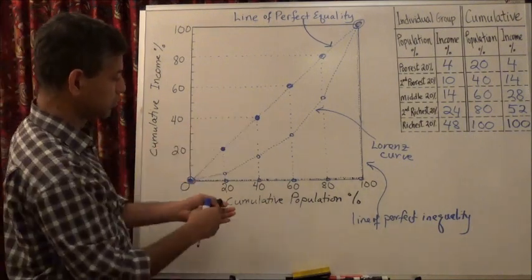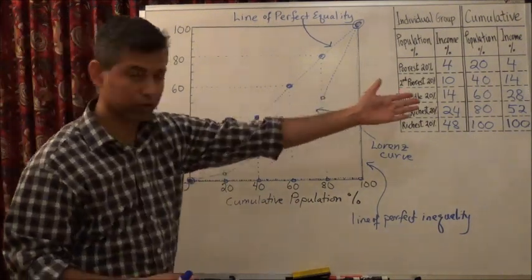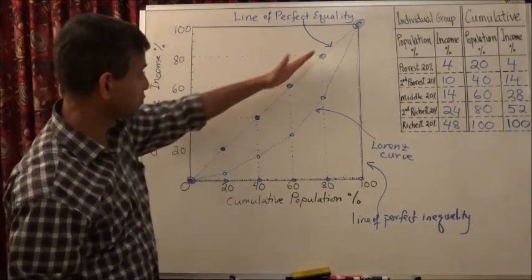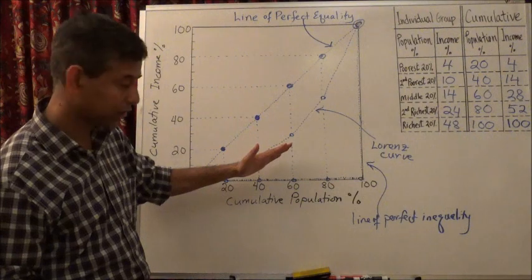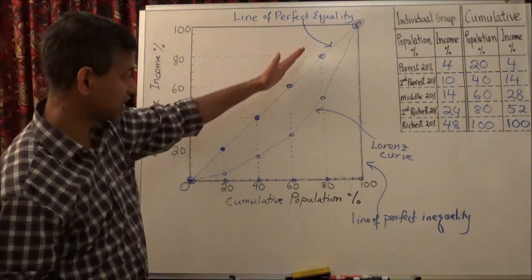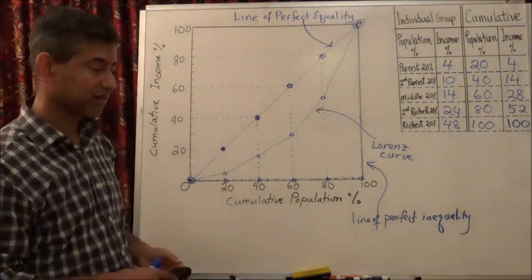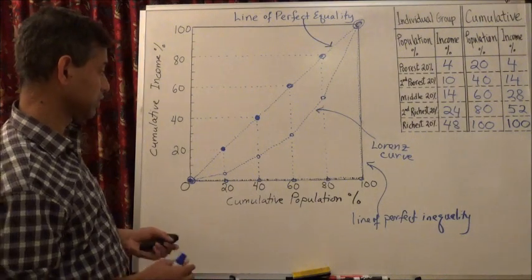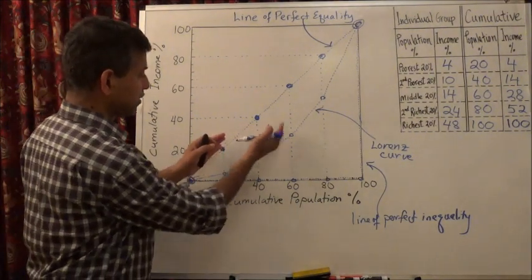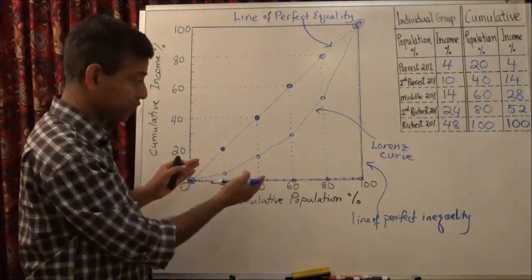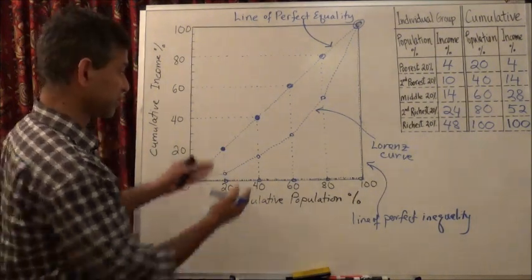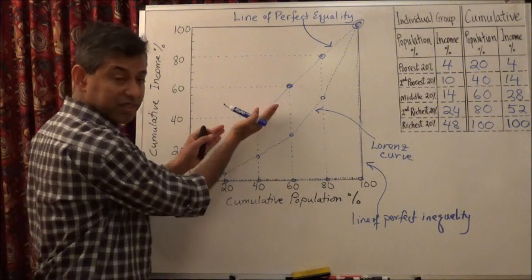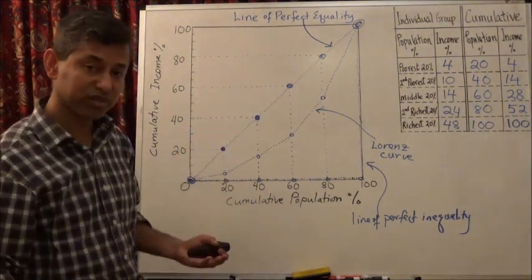Look at the gap between this Lorenz curve for our given example and the benchmark case of perfect equality. The deviation of the given Lorenz curve from this diagonal is giving us the degree of inequality. The farther it is from this diagonal, the more unequal the distribution is. The closer the Lorenz curve is to the diagonal, the more equal the distribution is.